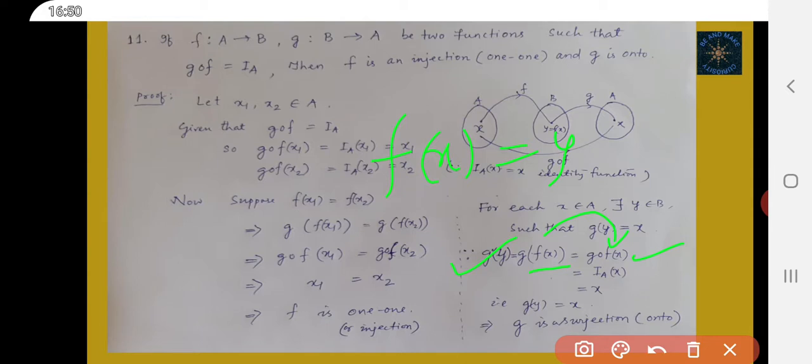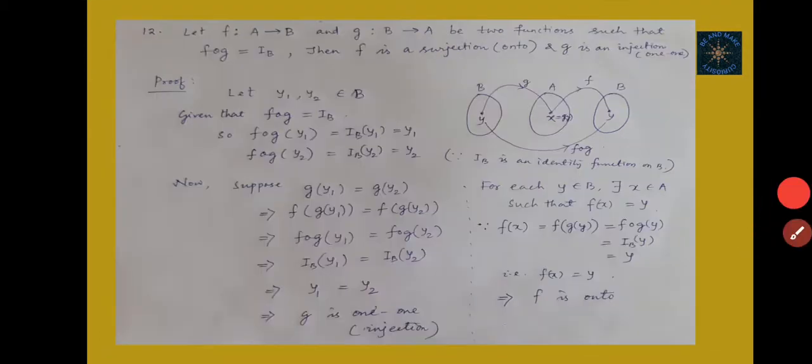And gof, you know, gof is here IA, identity function on A. So IA of x, that is equal to x. So you have g of y is equal to x. So g is a surjective function, or you may say onto. So g is onto. Understood?